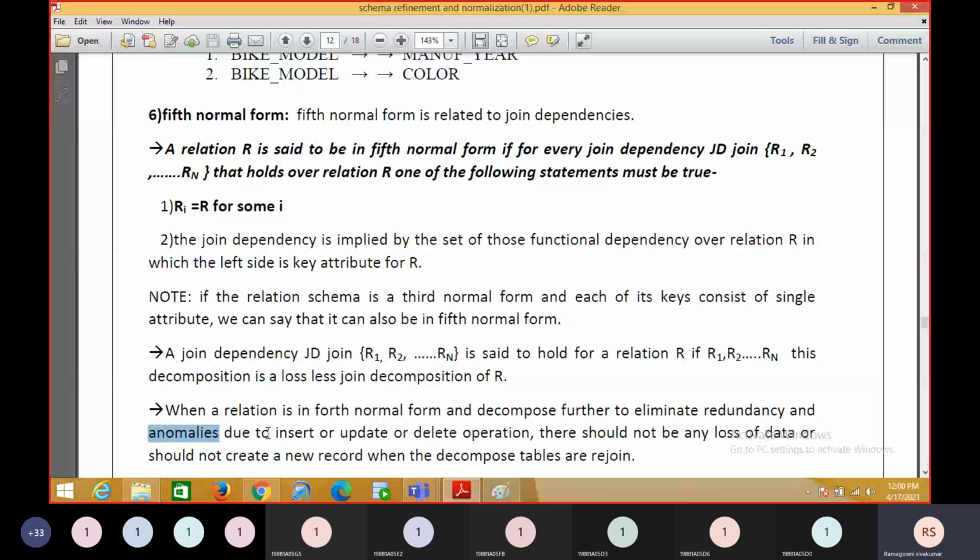We should not create a new record when the decomposed tables are rejoined. That is the condition we are following in fifth normal form.